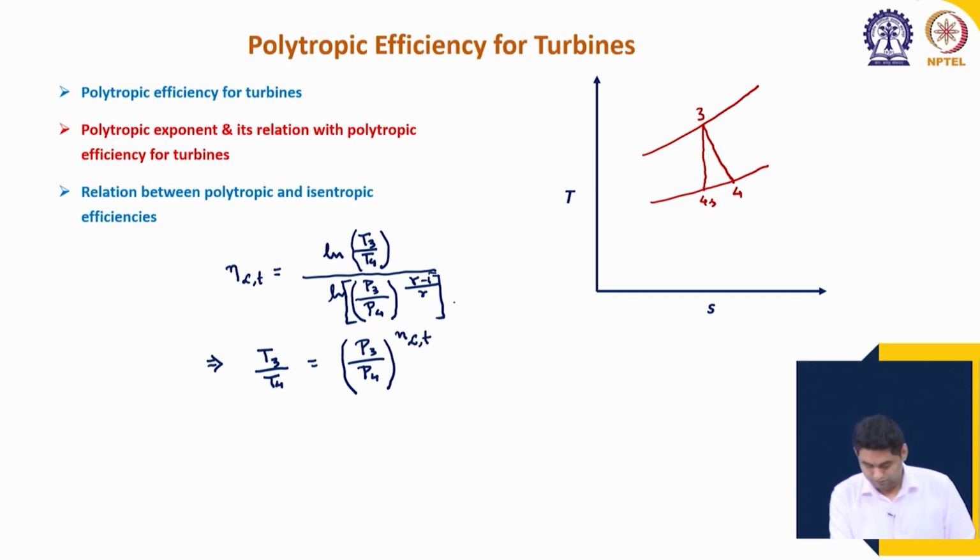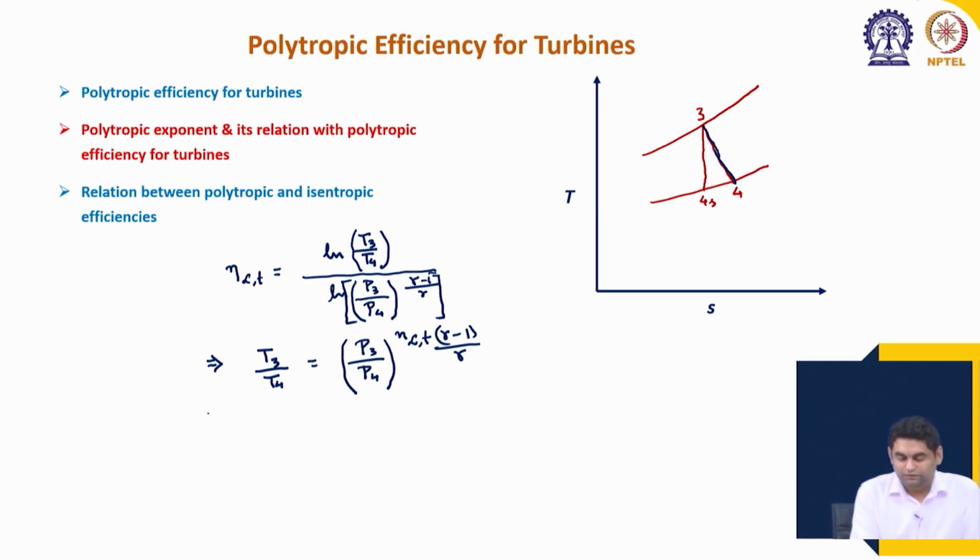As if this is also a polytropic process going from 3 to 4, where the polytropic exponent nt can be such that nt minus 1 by nt is equal to eta infinity T multiplied by gamma minus 1 by gamma.